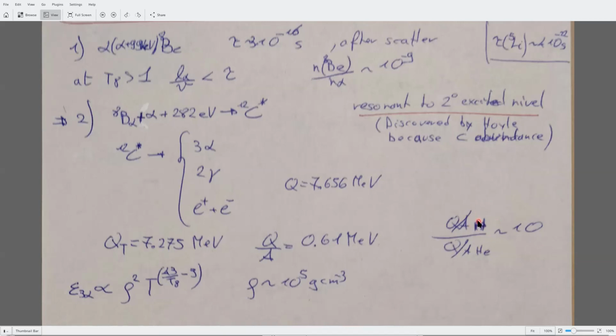Using the same core, the star consumes all the hydrogen in the core, and will leave you a core of helium. Then the helium will start to be consumed to produce carbon, and in this case we have 1/10 of the energy.